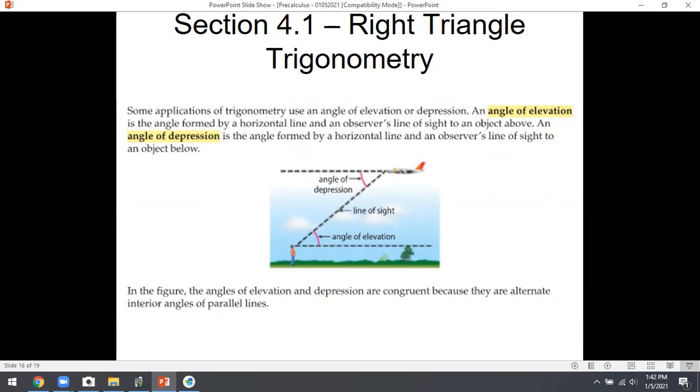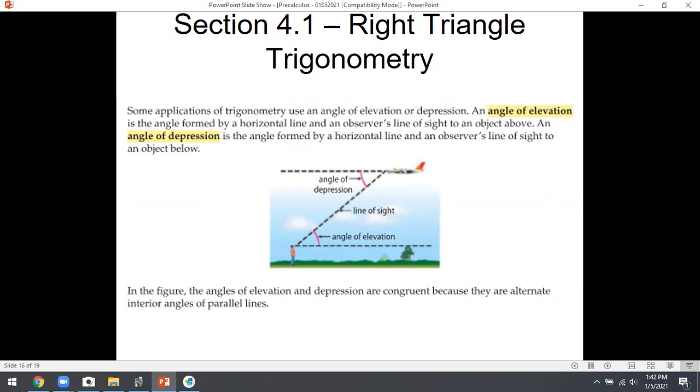Last thing, okay? There might be a problem or two about flight. Now, this is nothing complicated. It's just vocab terms, okay? You might want to jot down this picture real quick to know what they're talking about. When somebody says angle of elevation, they mean at what angle above the horizontal you're shooting at.